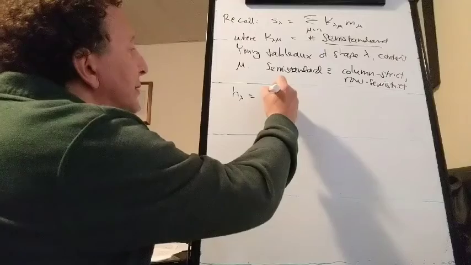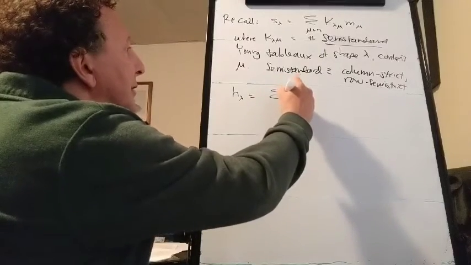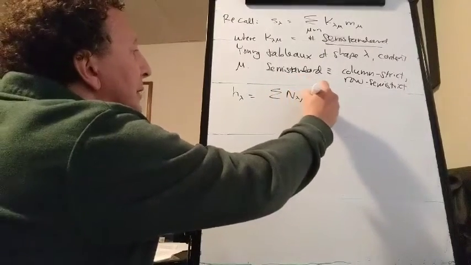And we wrote the homogeneous symmetric function h lambda as a sum of n lambda mu m mu.